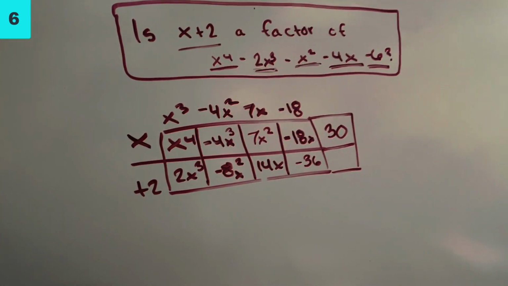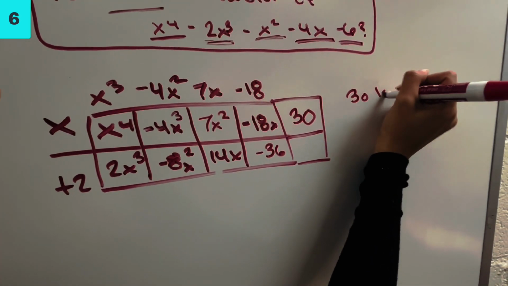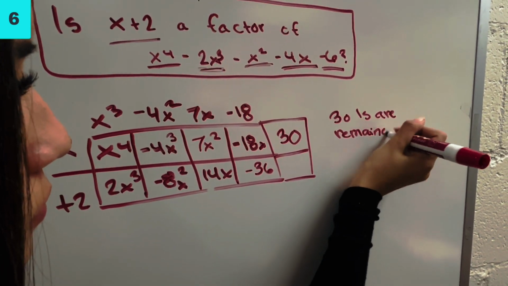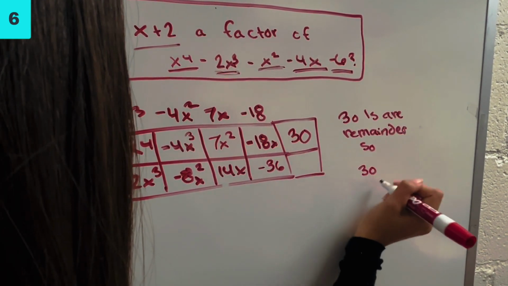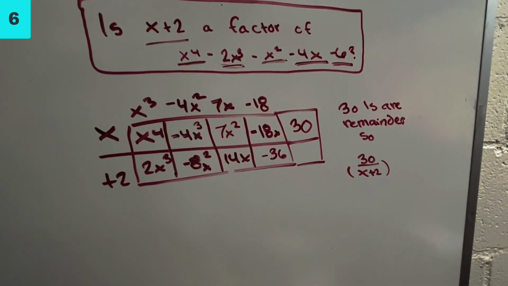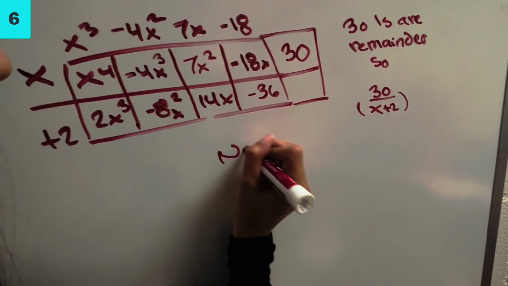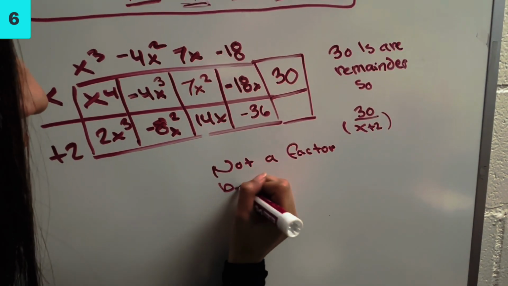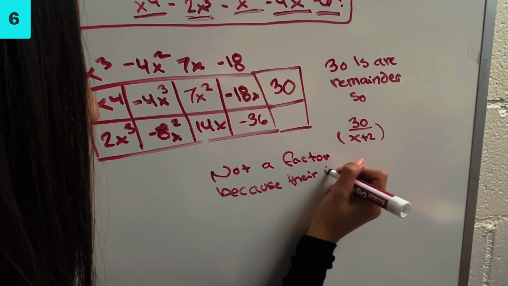These two together. That basically means 30 is our remainder. So 30 over x plus 2 in the end. And so this is not a factor because there is a remainder.